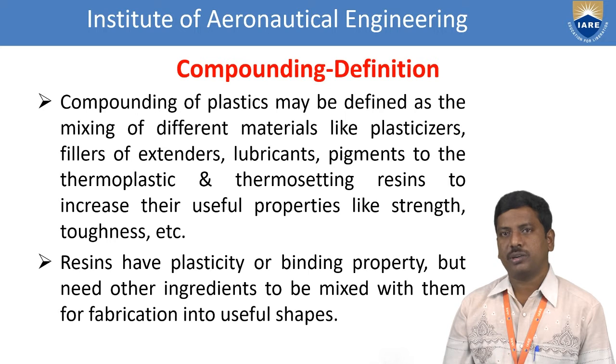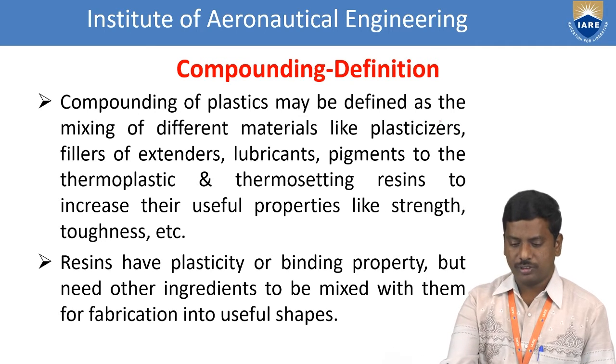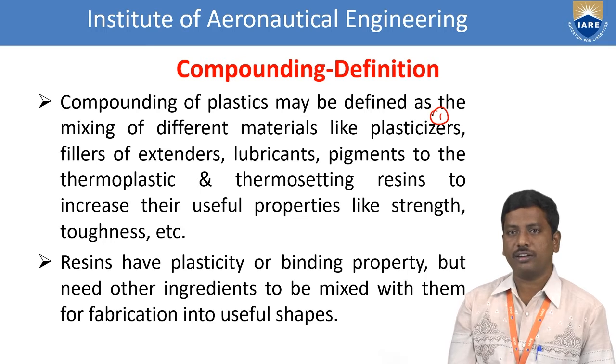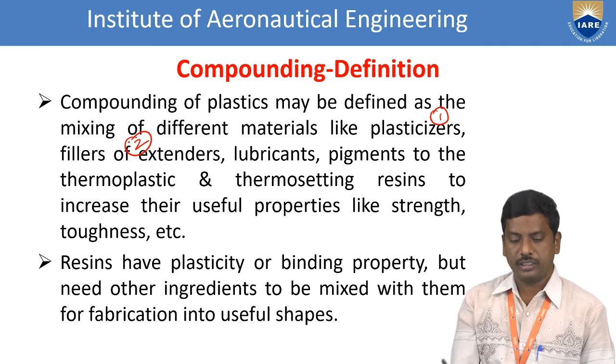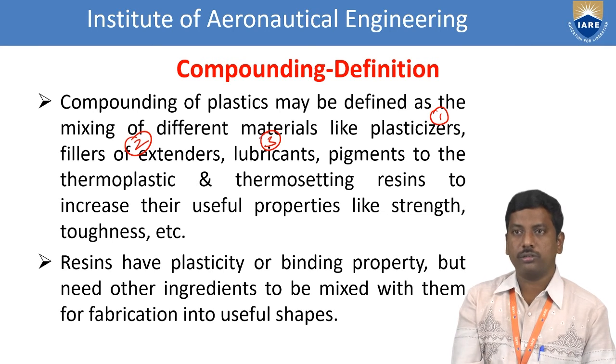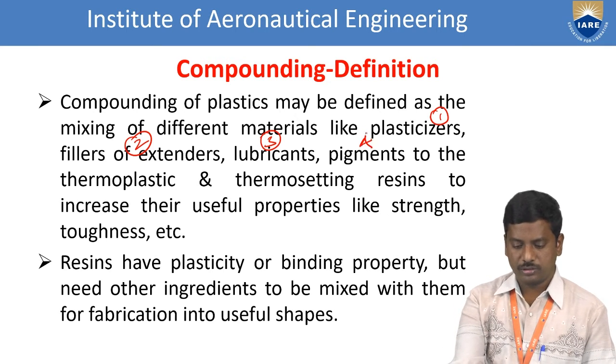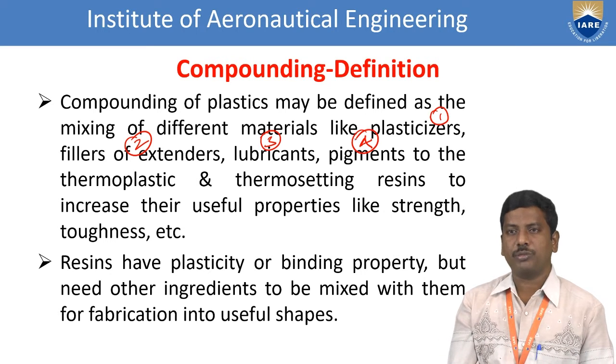The compounding procedure mainly involves the mixing of different materials: plasticizers, one; fillers or extenders, two; lubricants, three; and pigments, four, to the thermoplastic or thermosetting resins in order to increase their useful properties like strength and toughness.